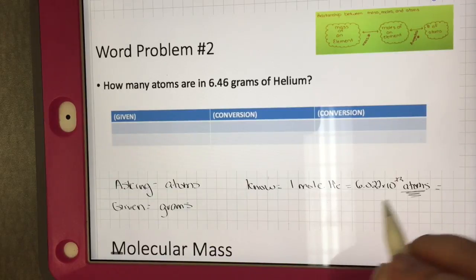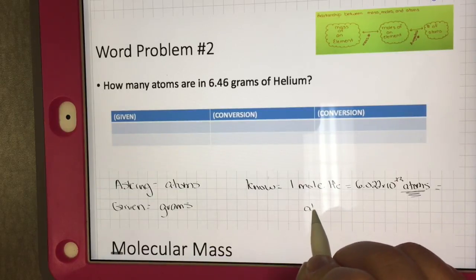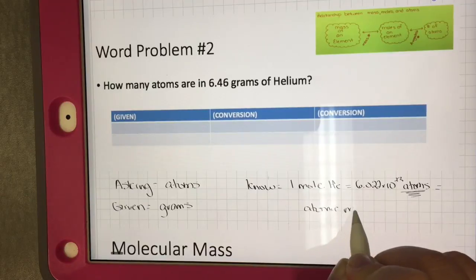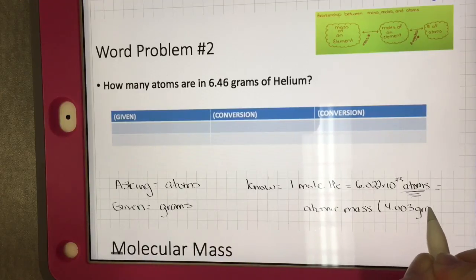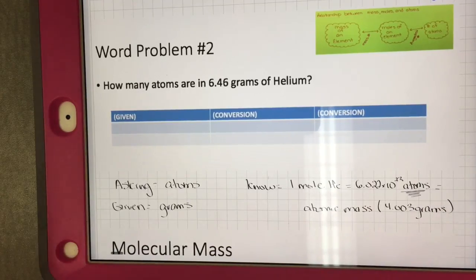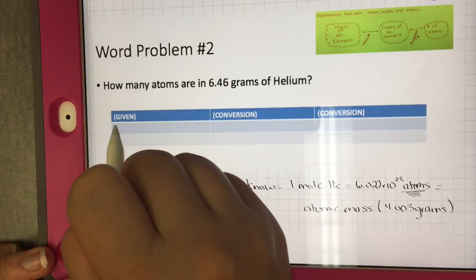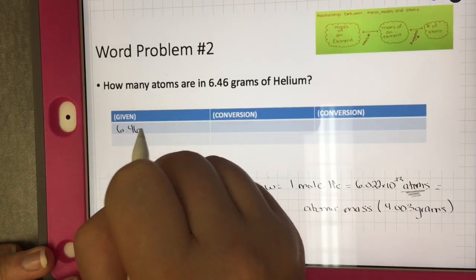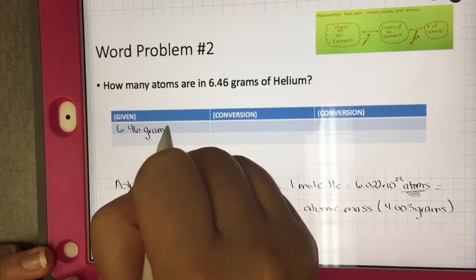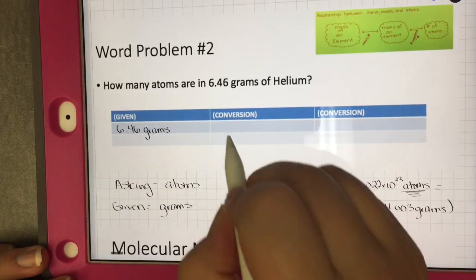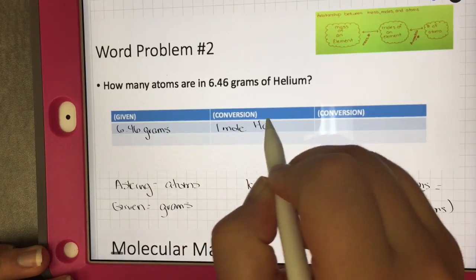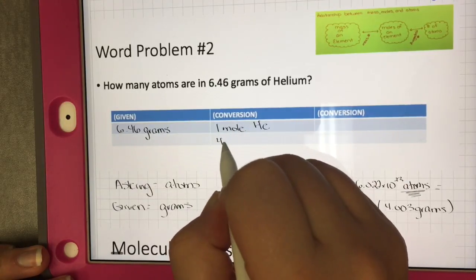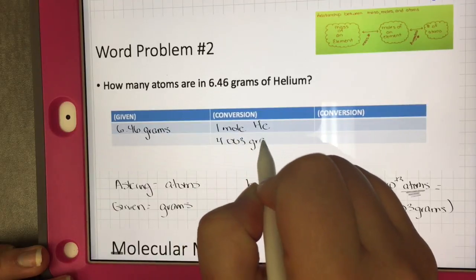And that's equal to the atomic mass, or 4.003 grams. And so if we're given 6.46 grams, we're going to use our information from the problem above, and we know that 1 mole of helium is equal to 4.003 grams.